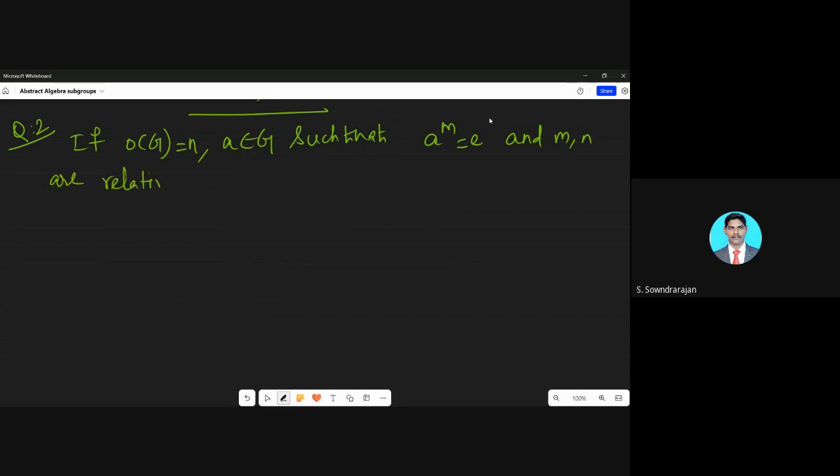Very simple question. Question number 2. If G is a finite group of order n and a belongs to G such that a power m equals e, and m, n are relatively prime, then a is equal to e.